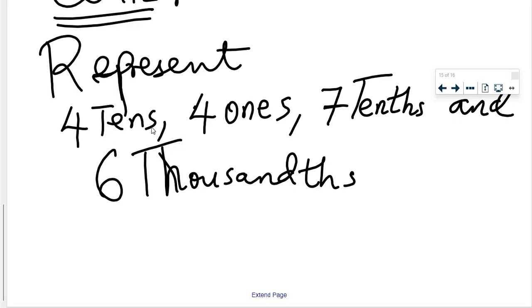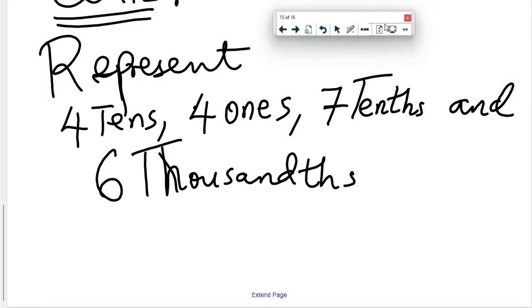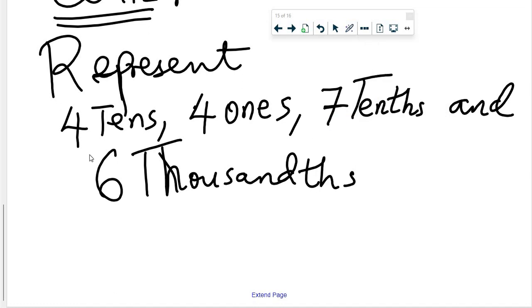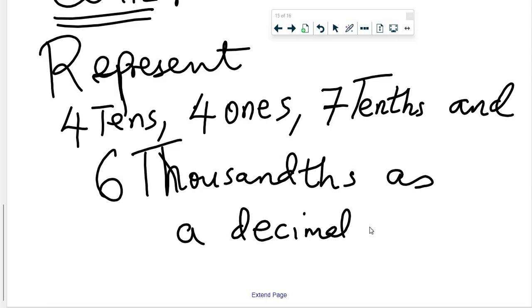So let me start again. Represent 4/10, 4 ones, 7/10, and 6 thousandths as a decimal number.